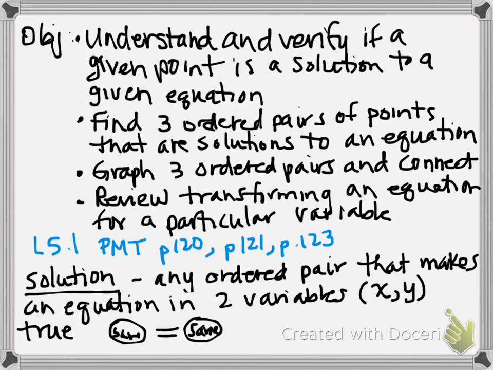So looking at the third objective, what's a word that we should probably make sure that we're all on the same page and we understand? Transform. That's the fourth objective. Graph. Ian, graph. Yes, graph, that's a good one.